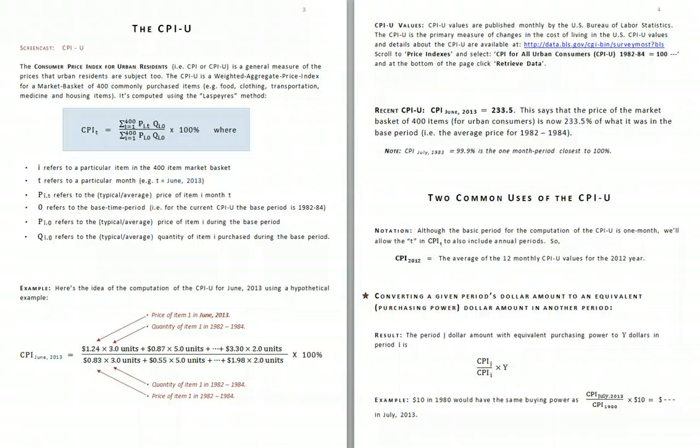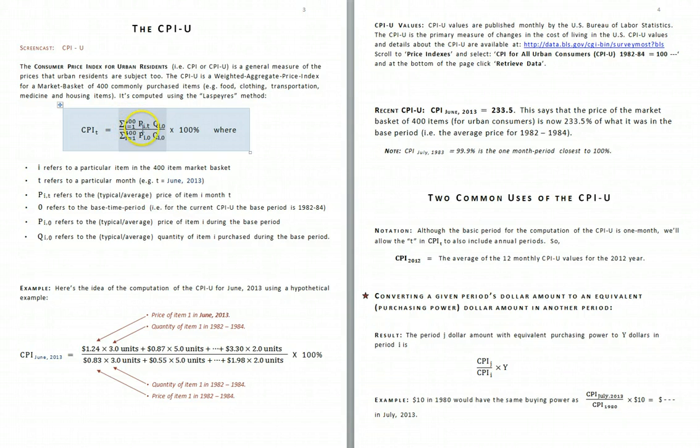We now focus on the numerator. We determine the price of item i in month t. We multiply that price times the quantity of item i purchased in the base period, and then add up those products over all items in the basket.